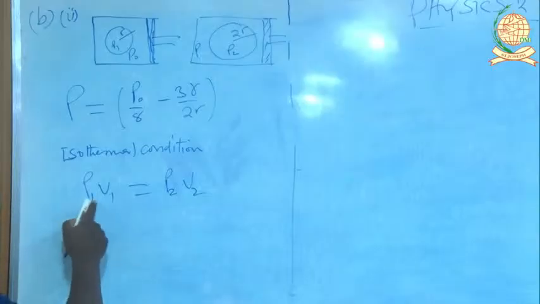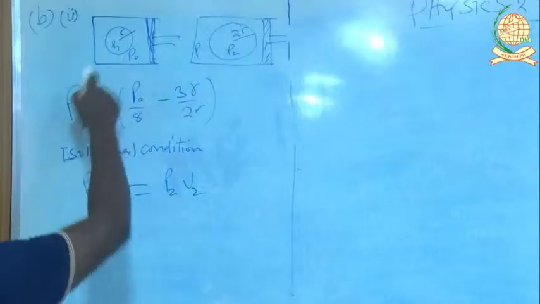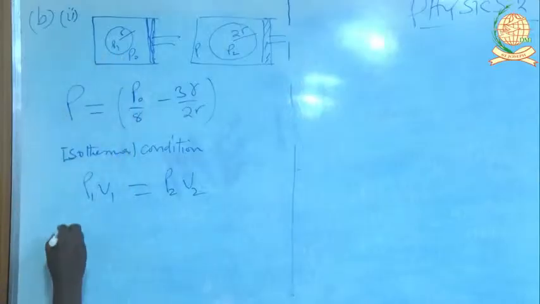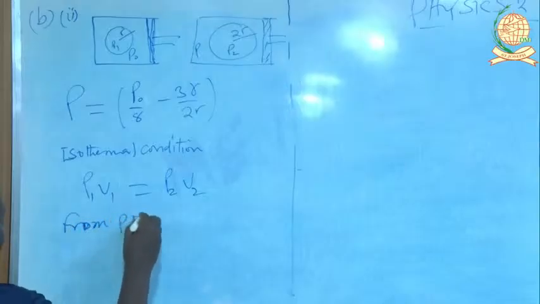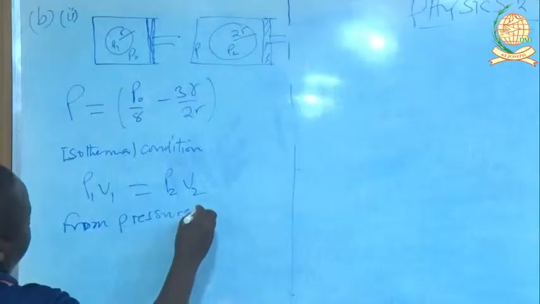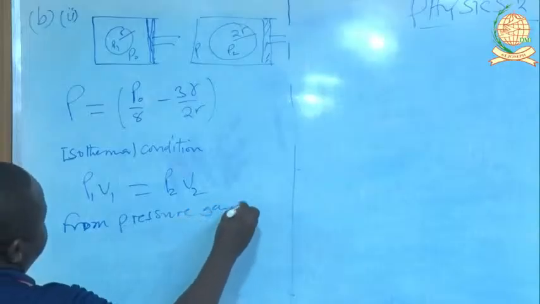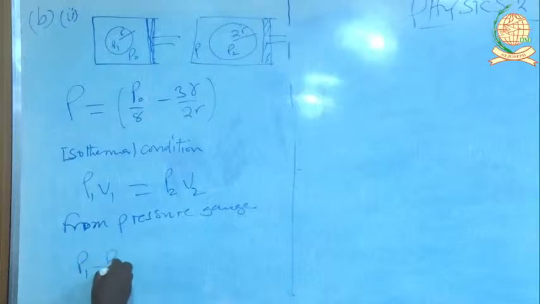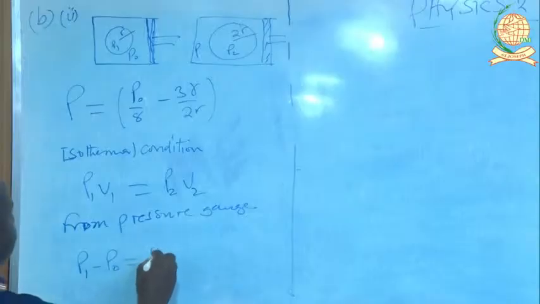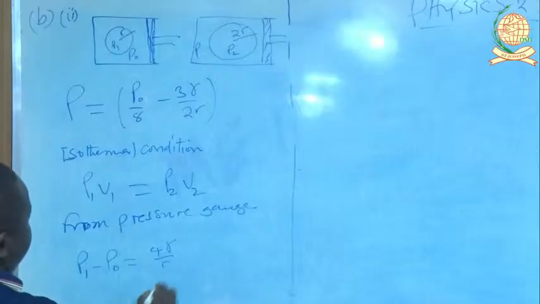But what is this P1 and how do we get the pressure? From the pressure gauge, P1 minus P out is equal to, because these are just soap bubbles, 4 times the surface tension over the radius r.